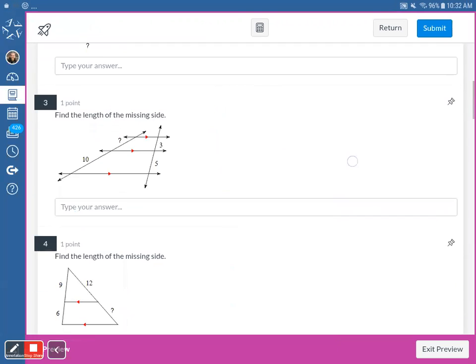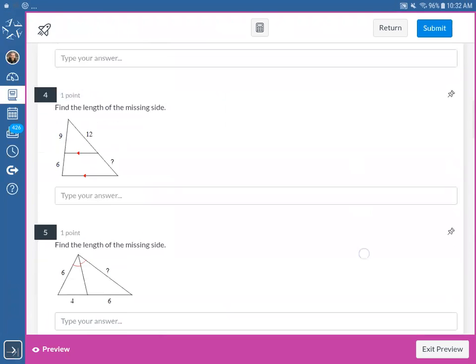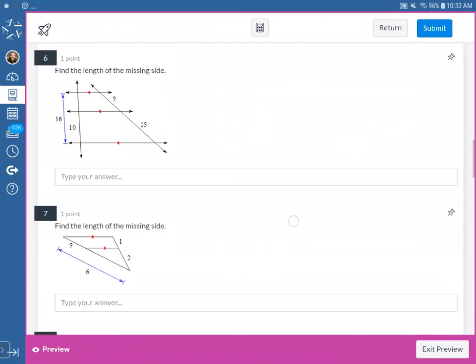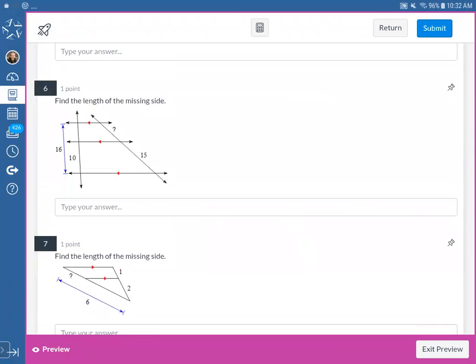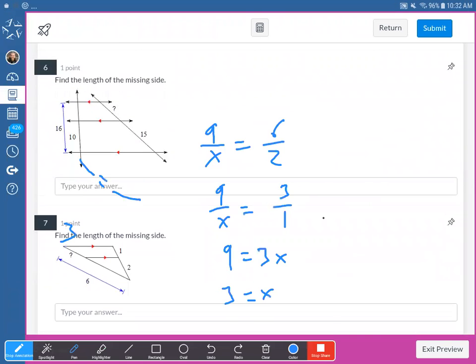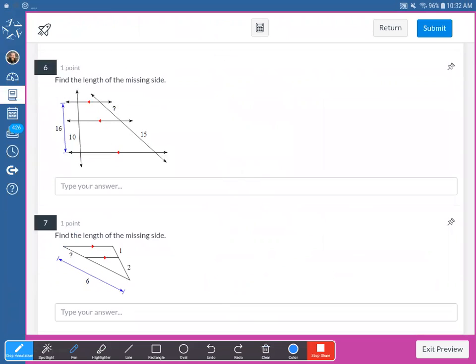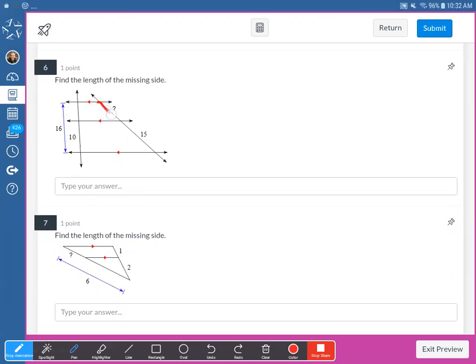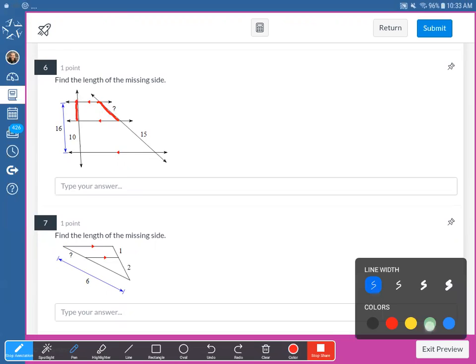What else? Anything else? Anything y'all like? Maybe this one, number 6. So with number 6, over here you have, you color code this, it's the top, and then the top, and then we need the bottoms.